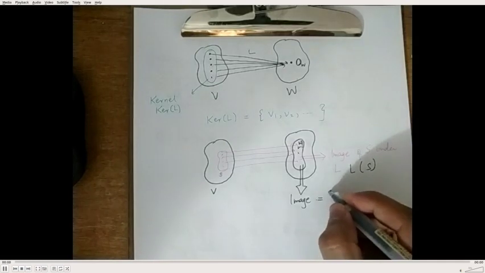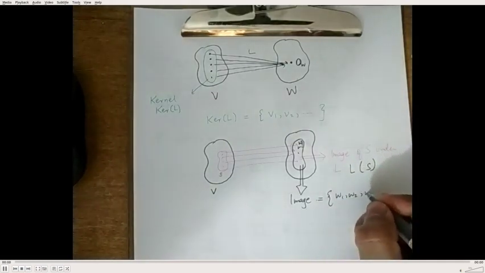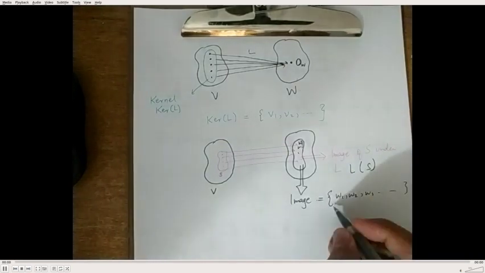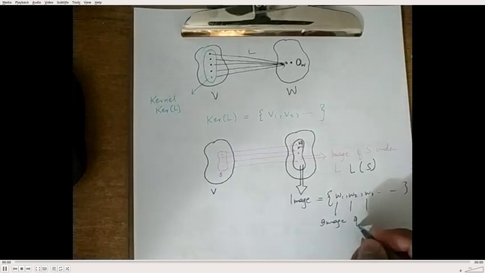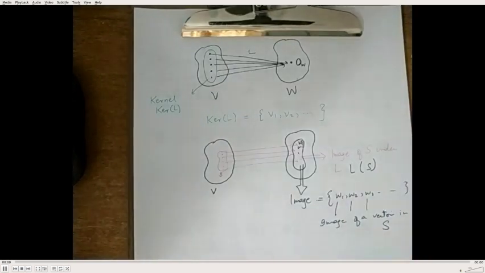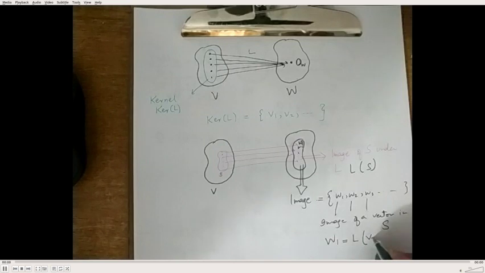So image will be W1, W2, W3, and so on, such that each of these W's is an image of a vector in S. For example, W1 could be the output when you transform V3 perhaps.